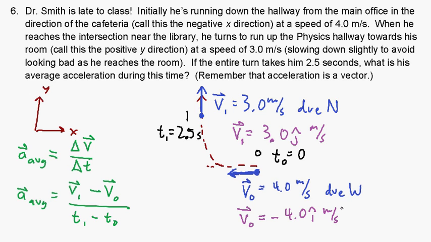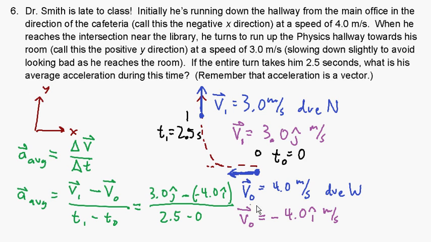Now I'm going to plug these into my average acceleration equation. My v1 is 3.0 j hat, minus my negative 4.0 i hat, and that is all over 2.5, which was final time minus initial time, which was 0.